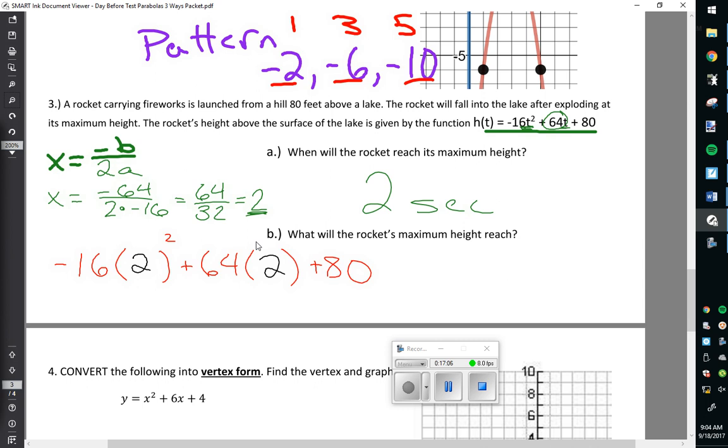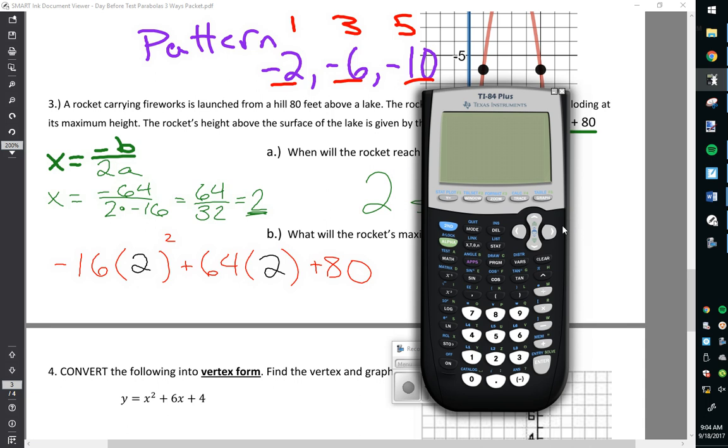Plug that into my calculator and see what we get. So negative 16, parentheses 2, parentheses squared, plus 64, parentheses 2, plus 80. Type it in, hit enter.